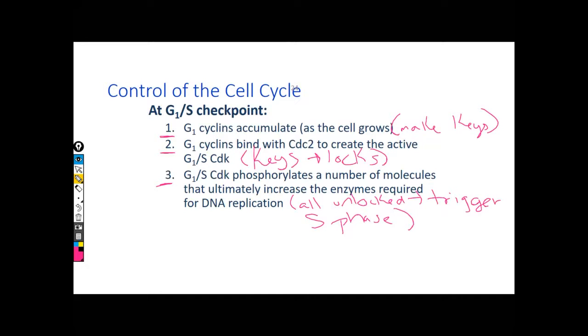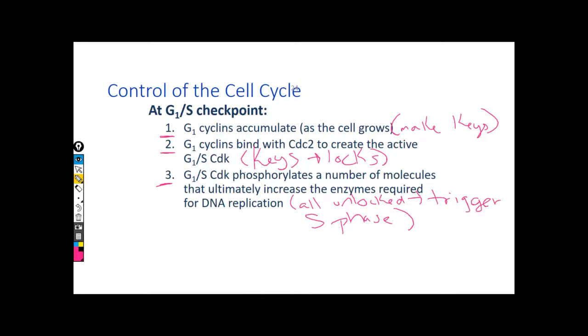The details here tell us that the enzyme phosphorylates. This means I add a phosphorus to some molecules that unlock a door, that allow us to get into DNA replication. I will never ask you about these kinds of details, but a lot of you always ask me about some interesting facts, so we have those. But the key here is once we've managed to bind enough cyclins to kinases, we can now trigger into S phase.